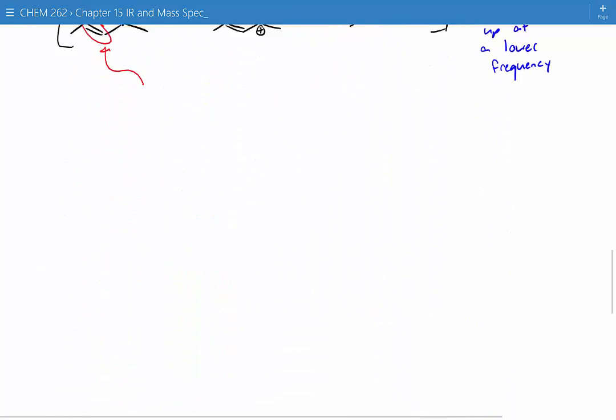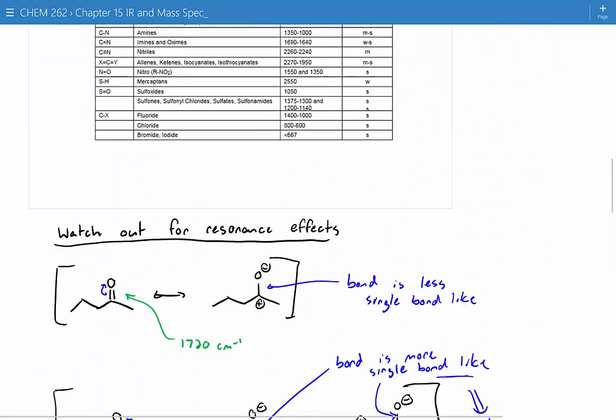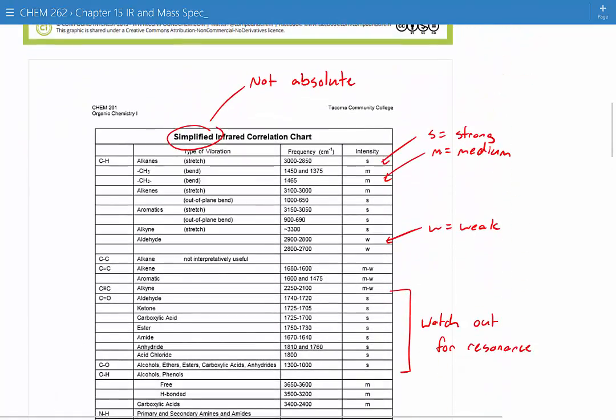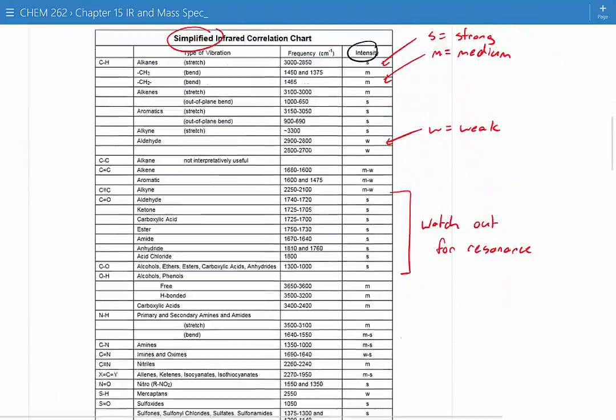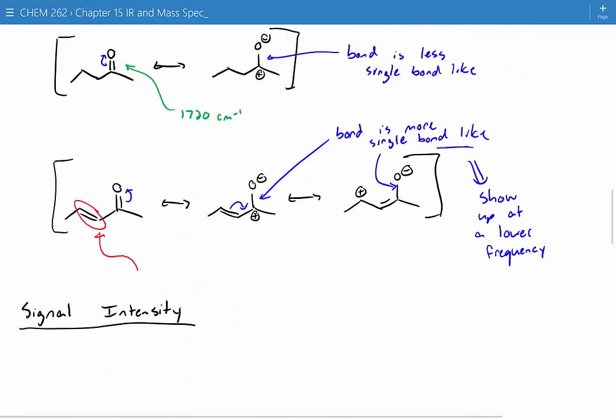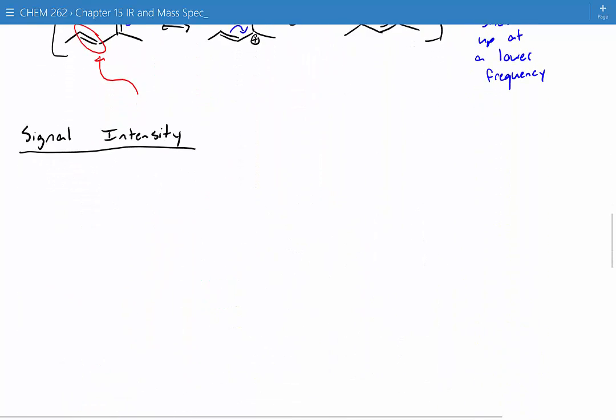All right, there's some other features that are really useful for IR as well. One of them is signal intensity. If we look at the chart that I gave you guys, I've got a list of signal intensities in that right-hand column. This list is actually fairly useful, right?